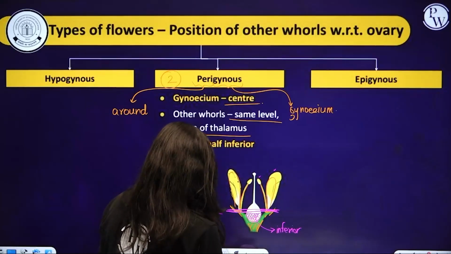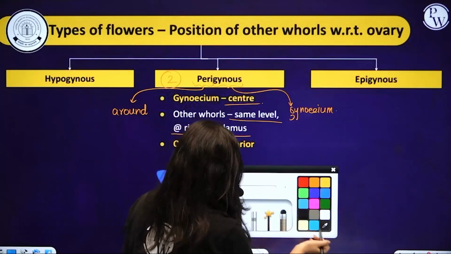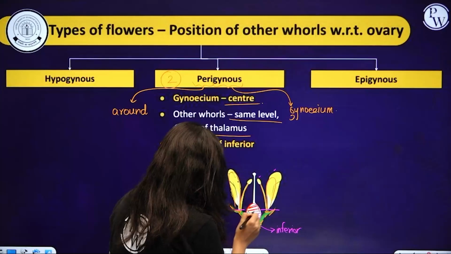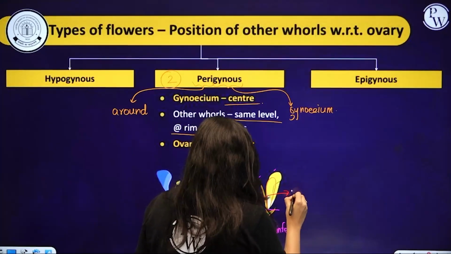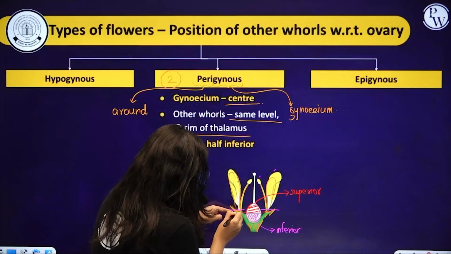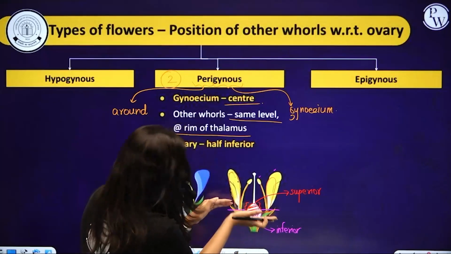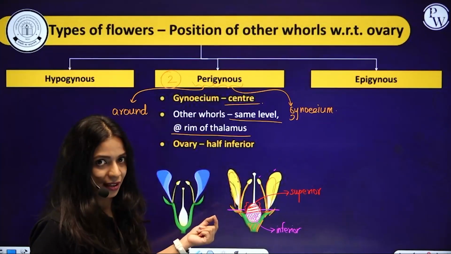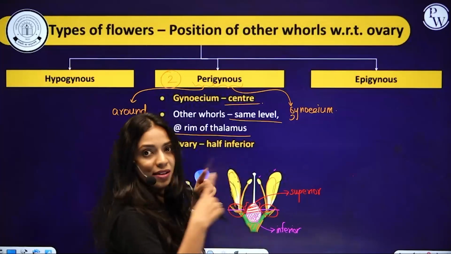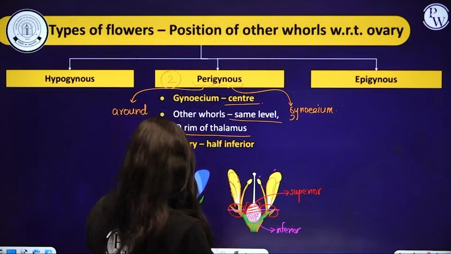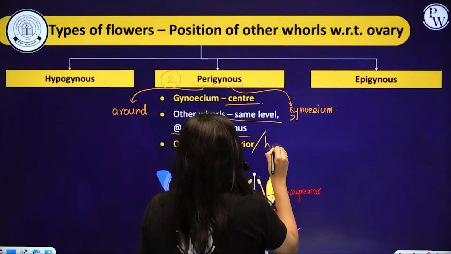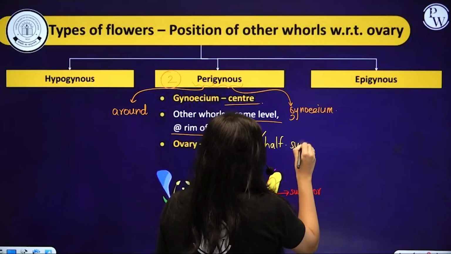And whatever I'm going to highlight right now in a different color, let's take red for a change, this part is superior. This part of the ovary is present above the level where the other whorls are arising. So half of this ovary is inferior, half of it is superior with respect to where the other whorls are arising from. Therefore, this type of ovary is called half inferior, or sometimes we also say half superior.